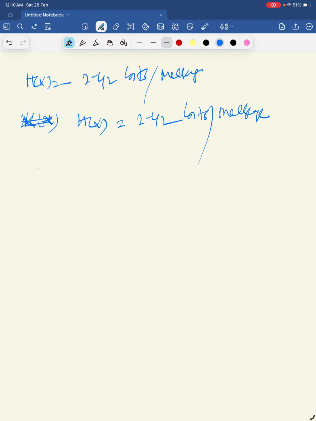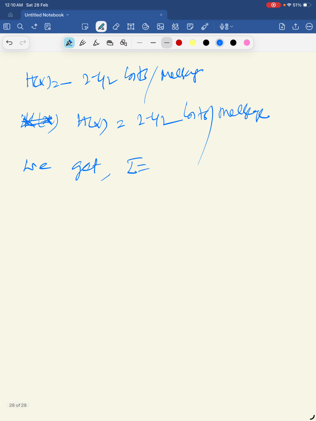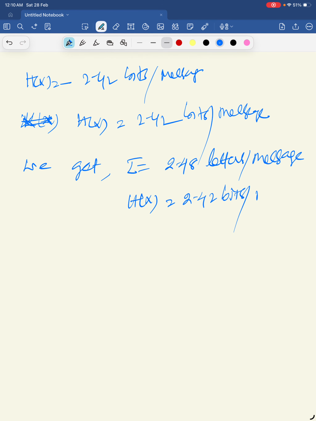So we get L bar is equal to 2.48 letters per message, and we get H of x is equal to 2.42 bits per message.